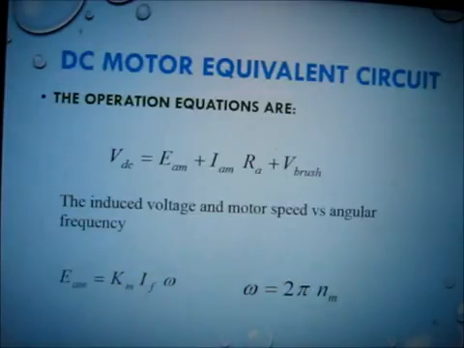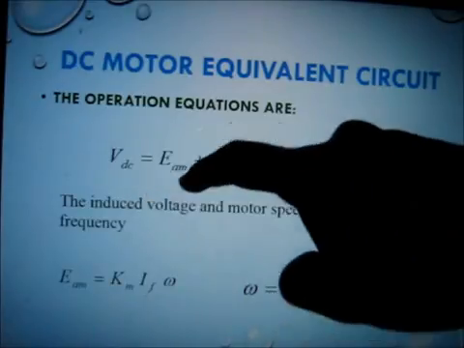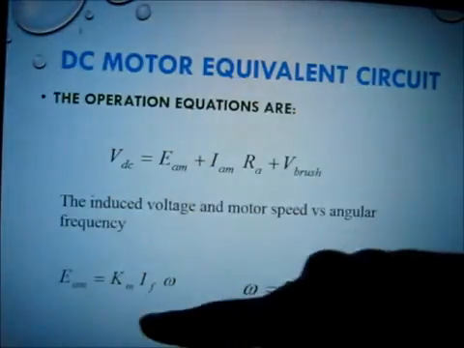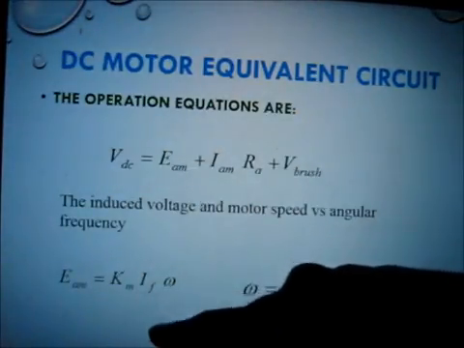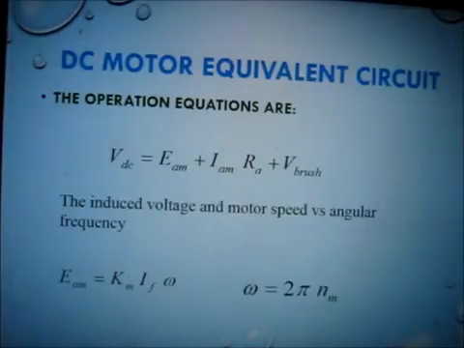The induced voltage and the motor speed versus the angular frequency is given by: this EMF is given as K IF into omega. K is a constant, IF is the field current, with the angular velocity omega equal to 2 pi nm.